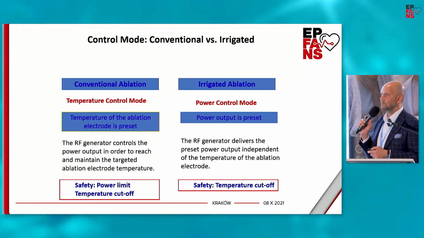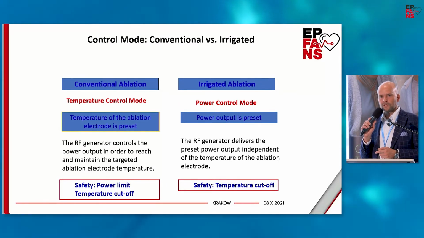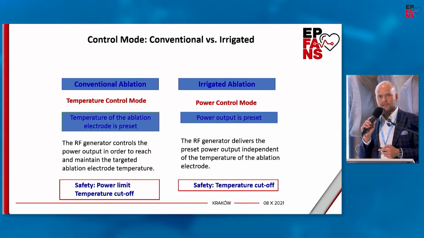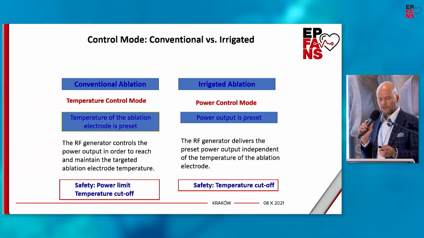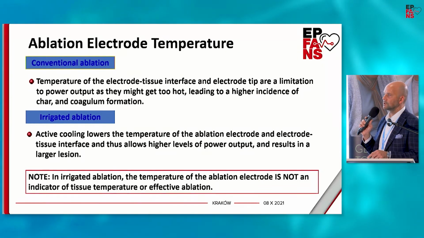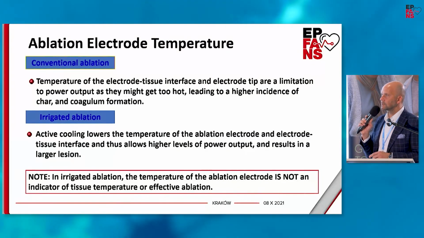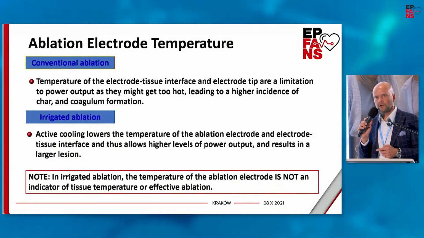Sometimes it is described as power control with temperature control, but this is misleading and should be avoided. We should remember that temperature reading on most irrigated catheters does not reflect real tissue temperature.